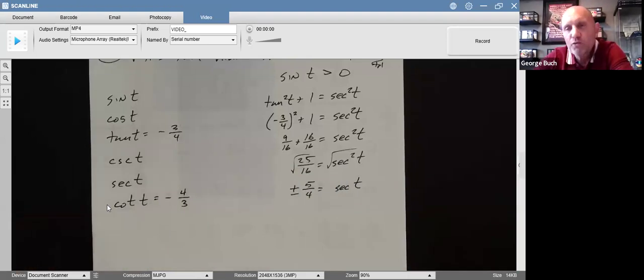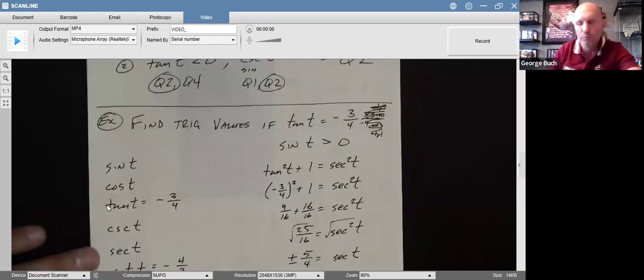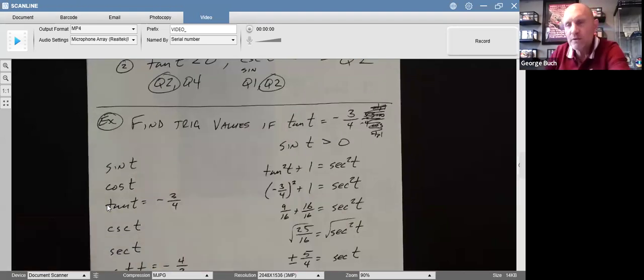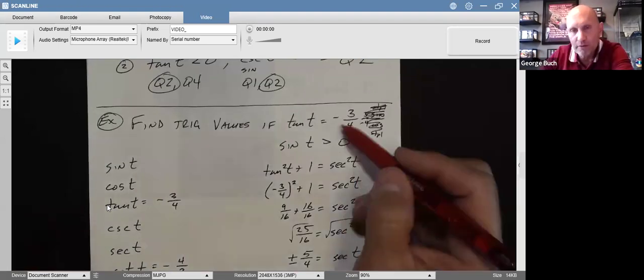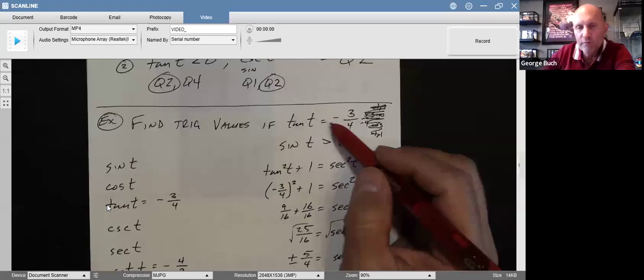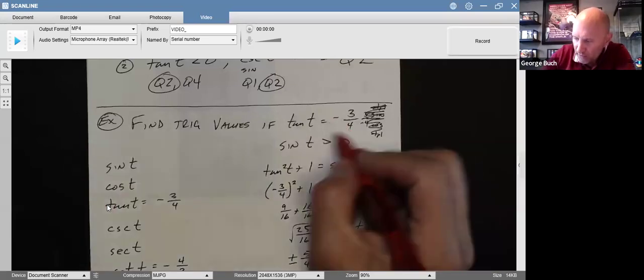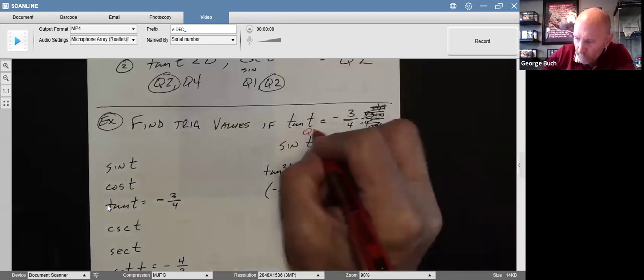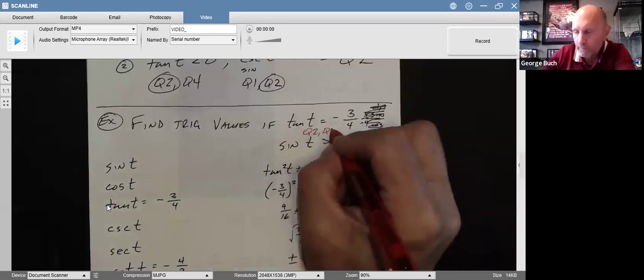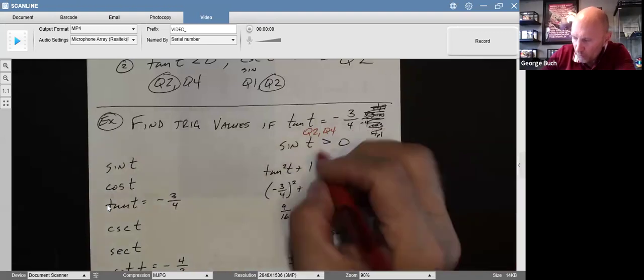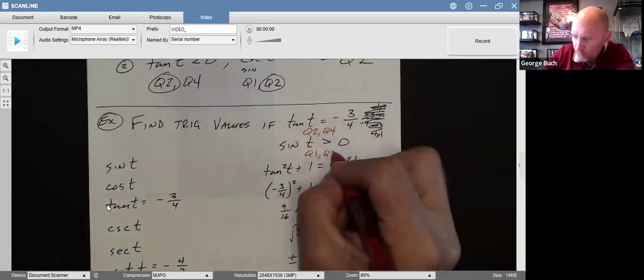So how do I know which one it is? Well, we go back to here, just like we did with the last problem. I need to figure out what quadrant I'm starting this whole thing in, so I know if the values are plus or minus. So tangent is negative in quadrant 2 and quadrant 4, and sine is positive in quadrant 1 and quadrant 2.